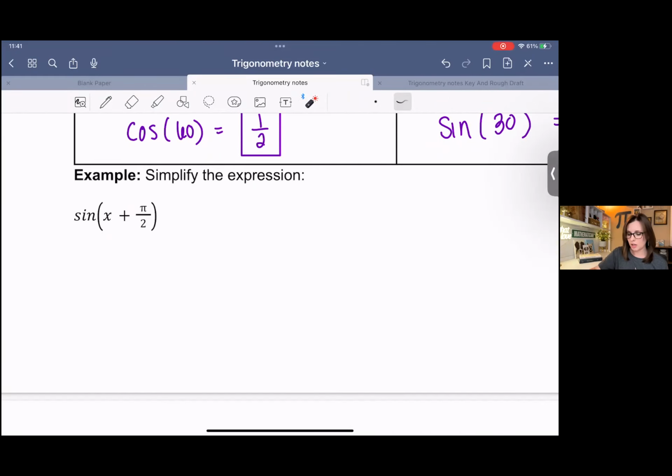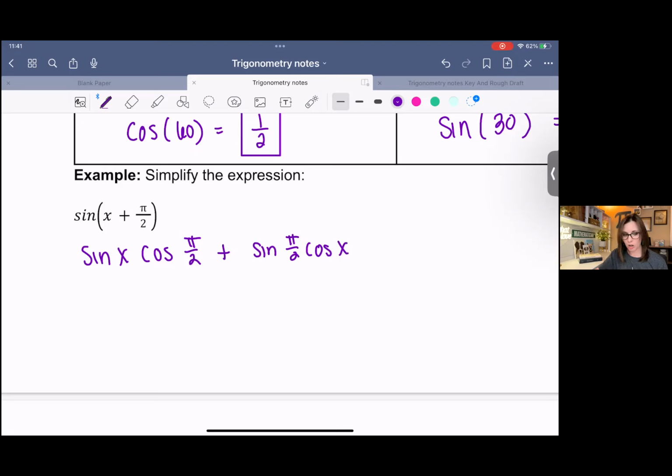for sine. So remember for that, we alternate functions. We keep the sign. So now I'm going to do sine pi over 2 cosine x. Then the only things I can simplify are cosine pi over 2. That is 0. And sine pi over 2, that is 1.